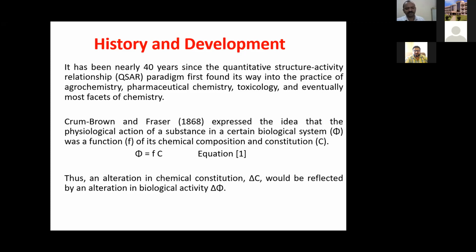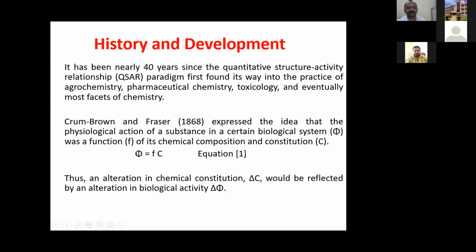If you look back historically, Crum-Brown and Fraser in the year 1868 expressed the idea that the physiological action of a substance in a certain biological system was a function of its chemical composition. So phi is equal to a function of chemical constitution.